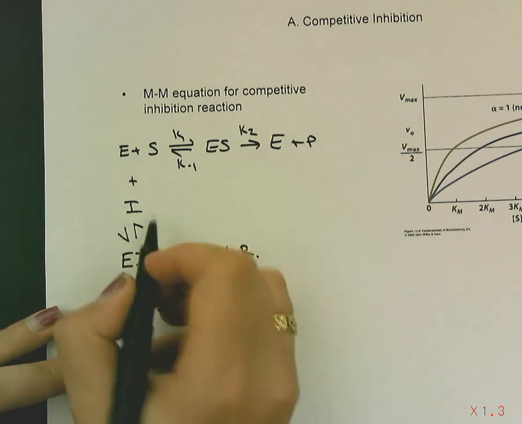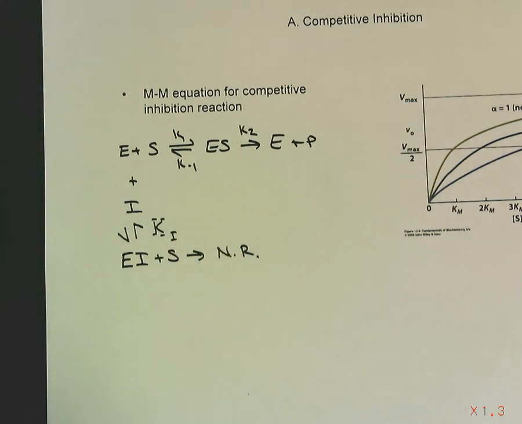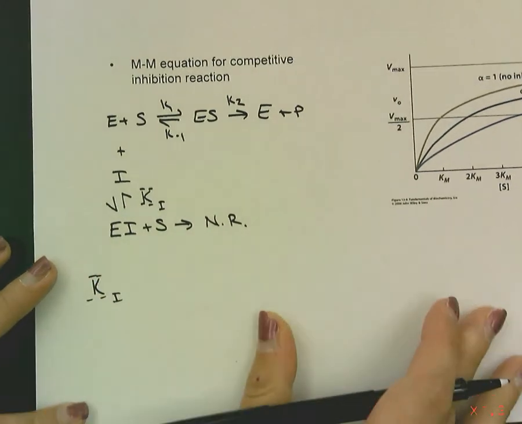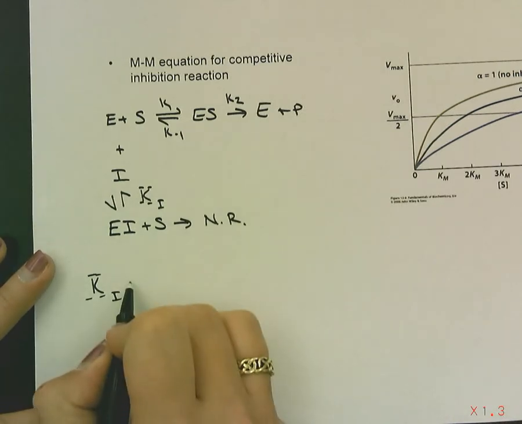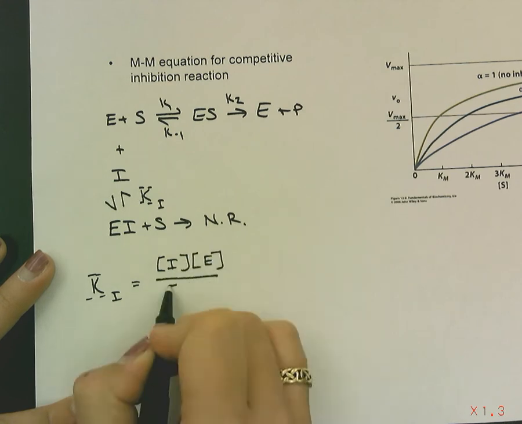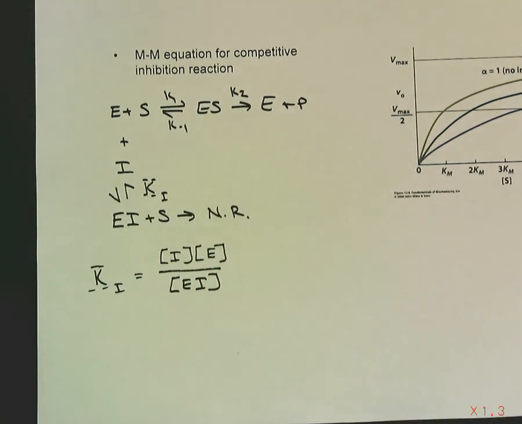We're going to call this double arrow big K, little I. Ki is a measure of this: the concentration of inhibitor times the concentration of free enzyme divided by the concentration of the enzyme inhibitor combination.